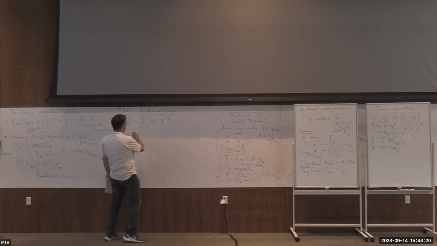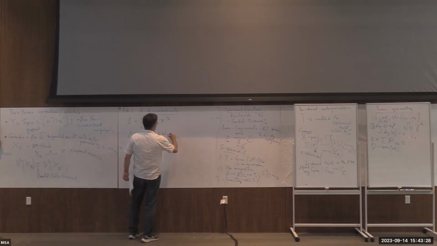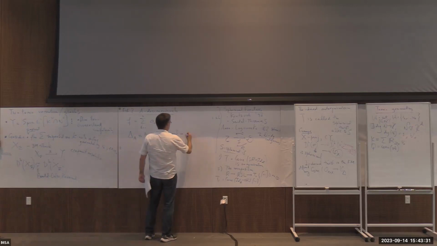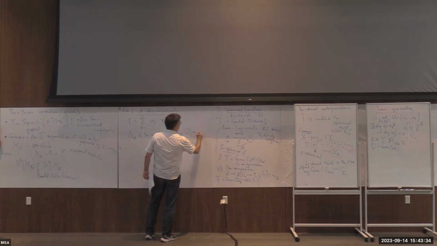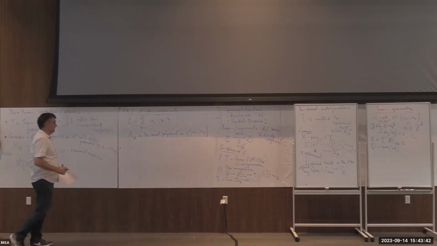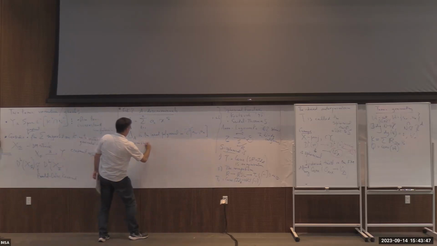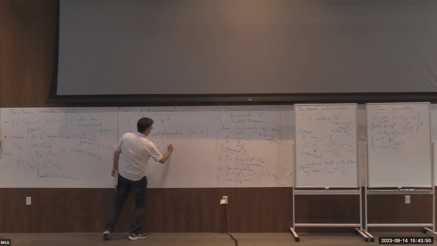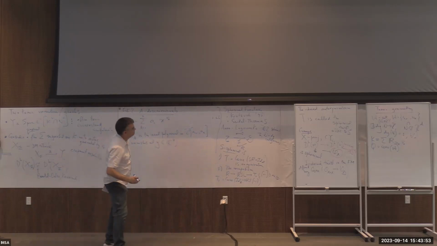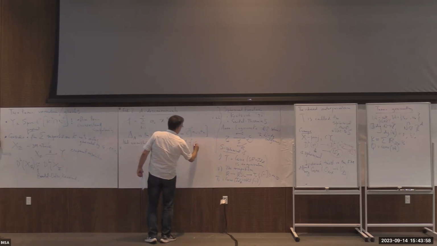So the discriminant is the irreducible polynomial, it lives, I guess, with integer coefficients, that vanishes at y in C star to the D, such that f is singular at y.